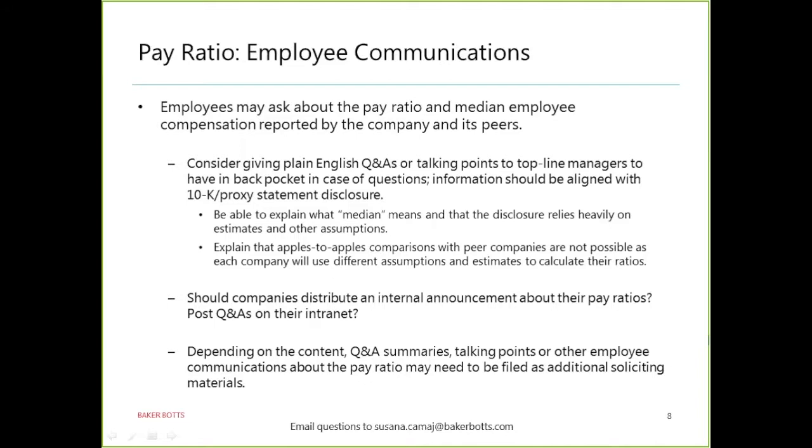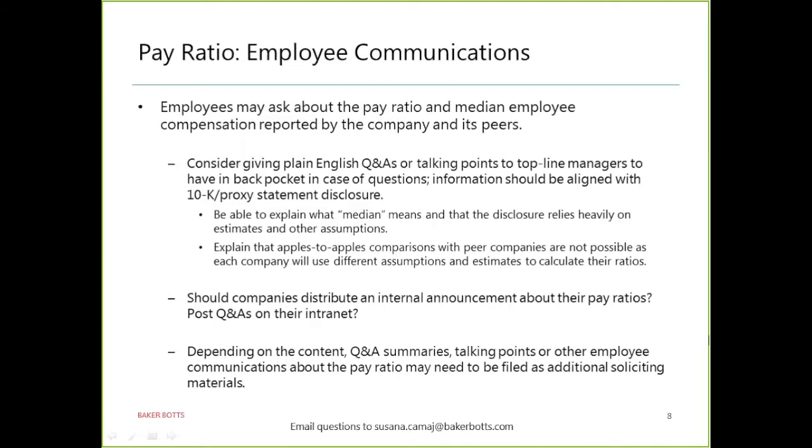An extreme example, I suppose, would be if a company were to disclose a pay ratio that got a reaction from investors or the press, and the CEO were to say that in light of this reaction, for 2018 compensation, I would rather have my compensation be changed so that it's more performance-based, or maybe it's heavier in options versus cash, something that may cause the CEO's compensation to change.